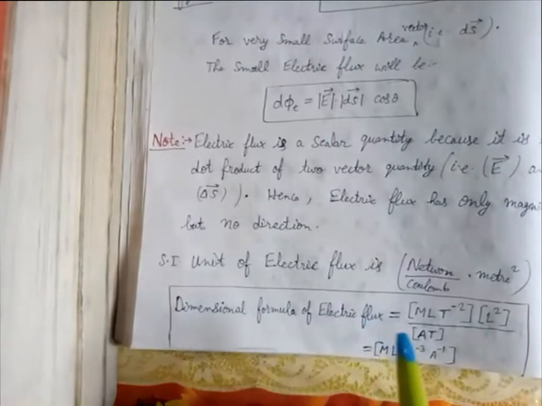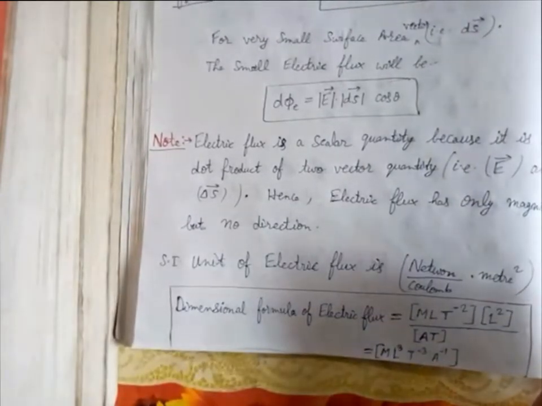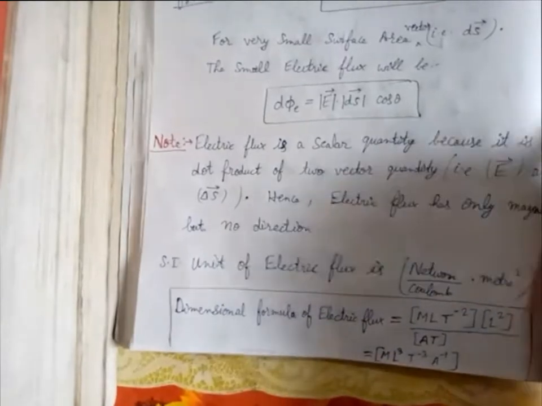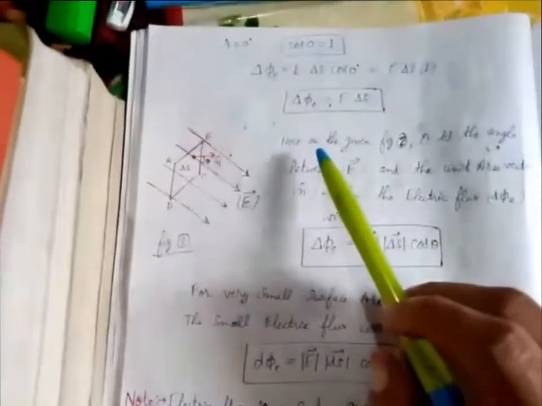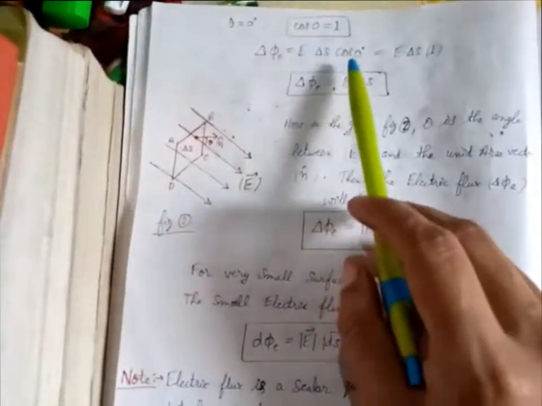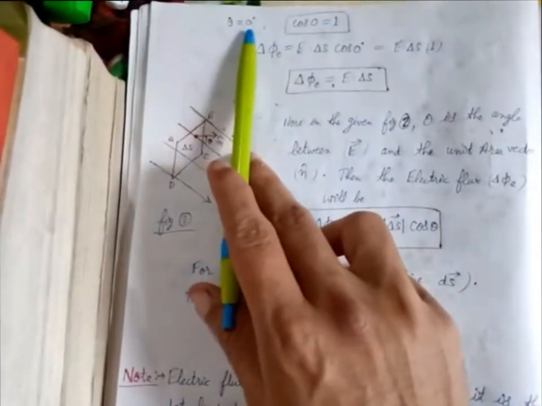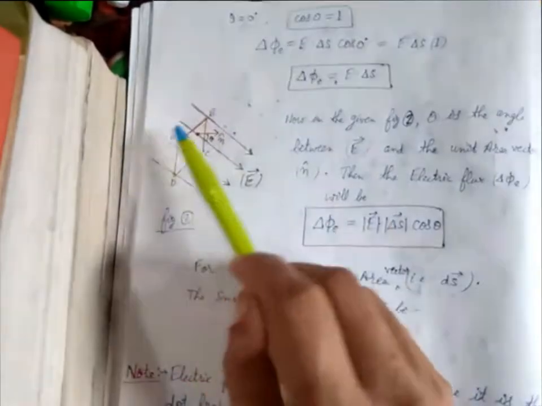So for the maximum electric flux, the condition is that the angle between the unit area vector and the electric field vector will be 0 degree. It means the cross sectional area will be perpendicular to the electric field. What will be the minimum condition for the electric flux?